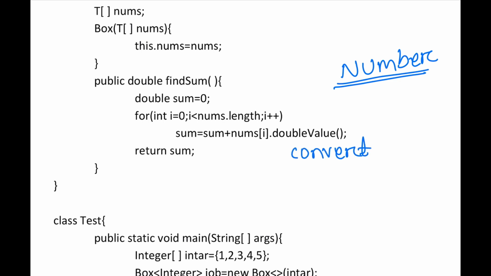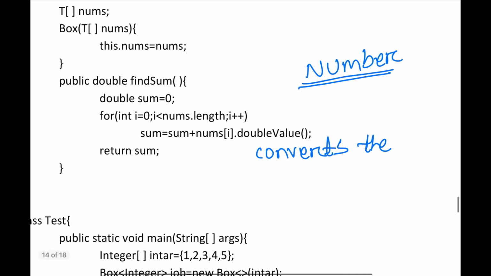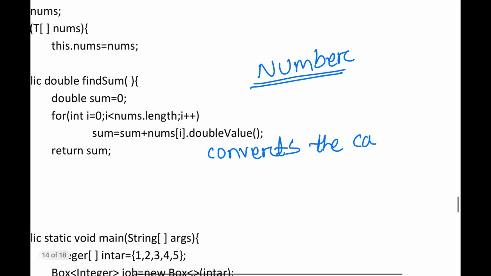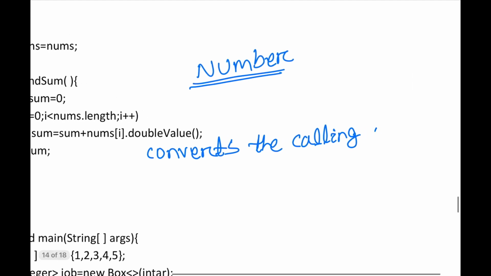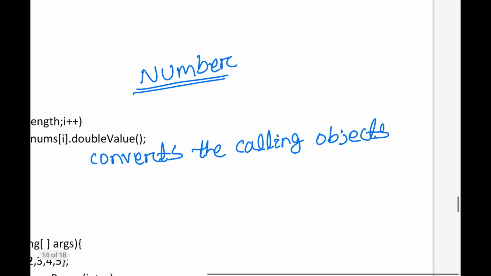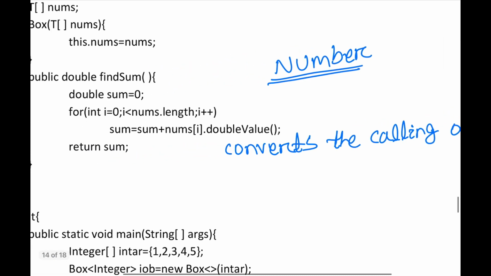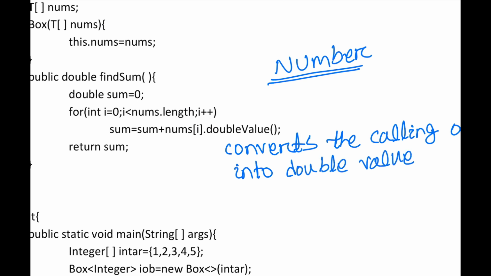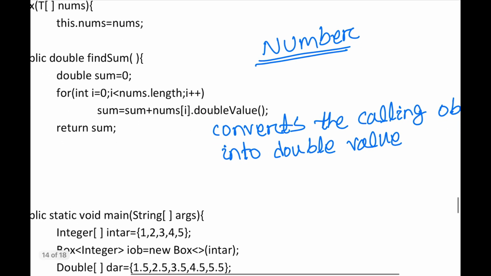So it converts the calling object into a double value. This is the work of the doubleValue method.